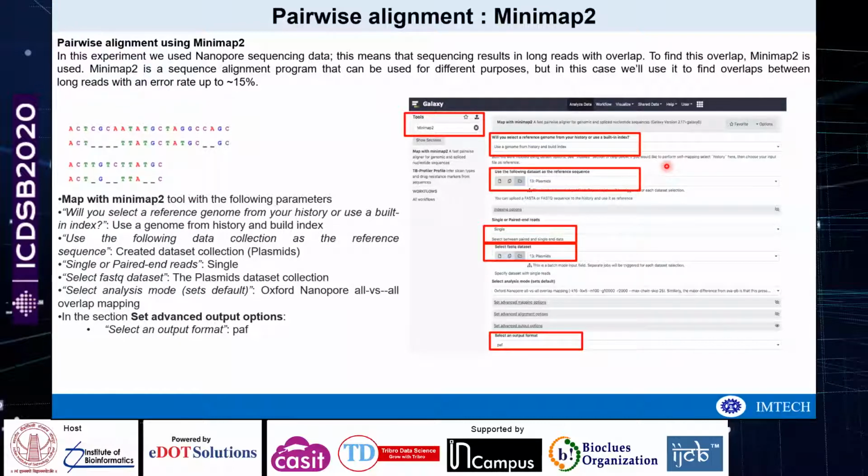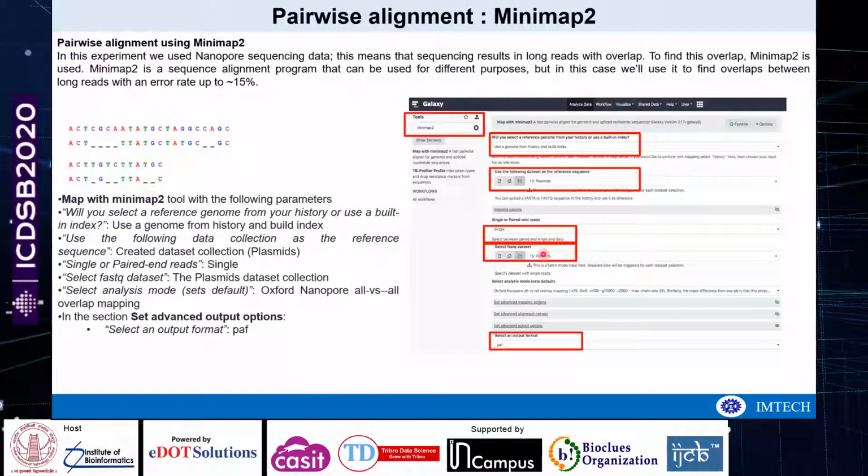So this is reference-based alignment. Then again you will use your particular folder in which you have your samples. Then they are single reads basically, so we have selected that. According to your sample data, you have to choose these parameters according to your requirement, depending on what kind of sample you have.